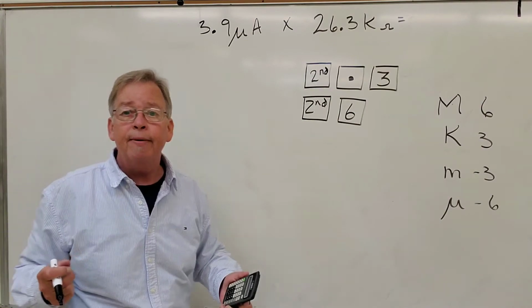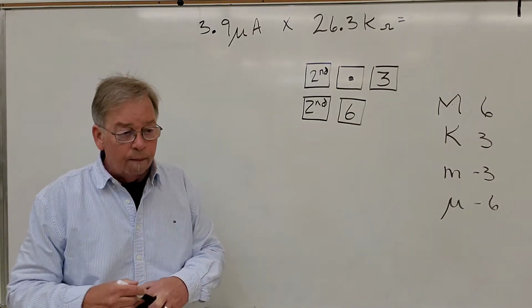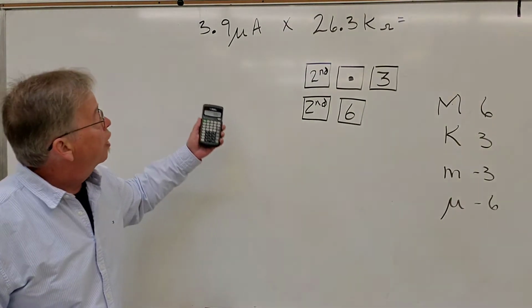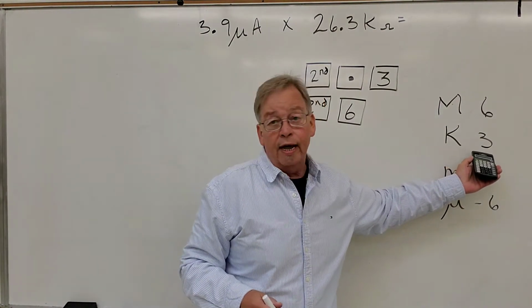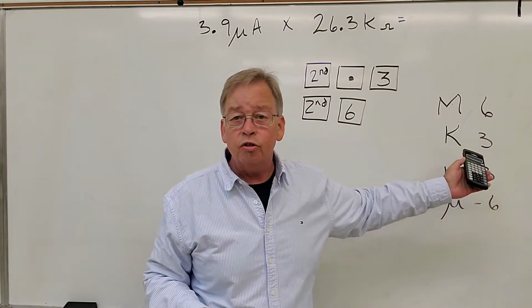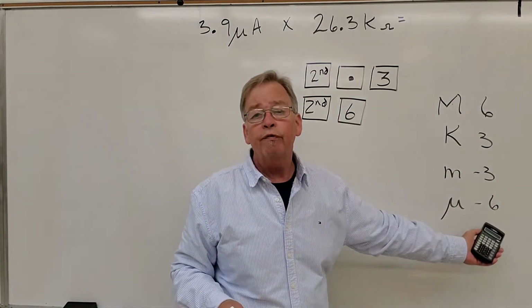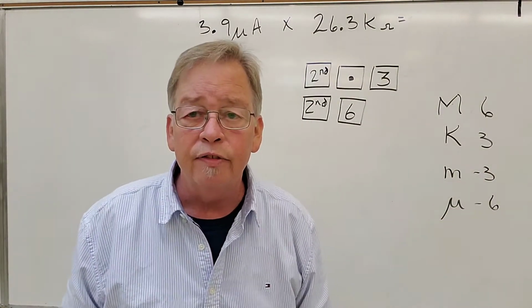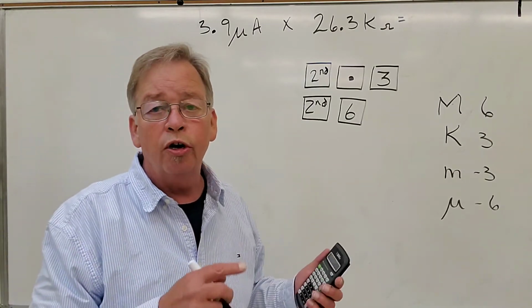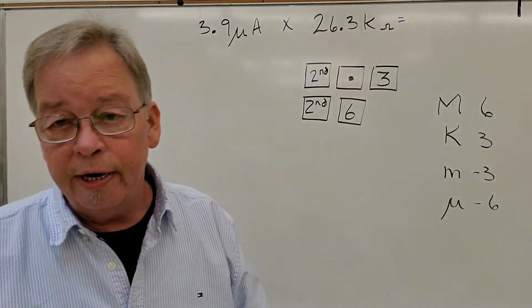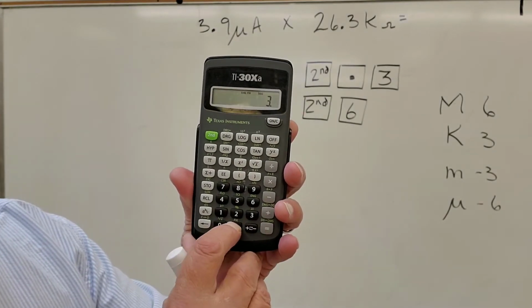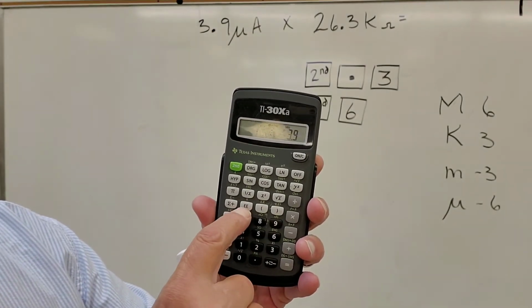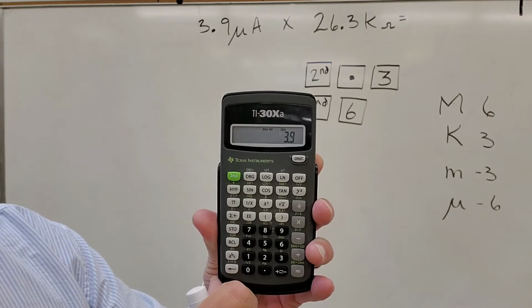So it's TV magic. All right, so what we're gonna have to do is we're gonna have to enter these values. Like I said, first thing I gotta know is that exponent for kilo is 3 and the exponent for micro is -6. So in order to enter that, I'm gonna enter in 3.9. Now you see this EE key above the number 7 key?